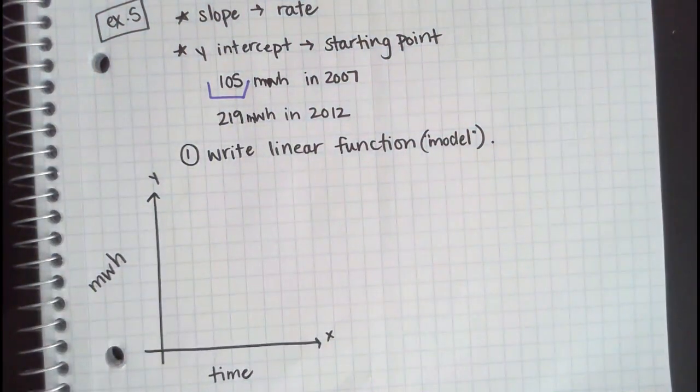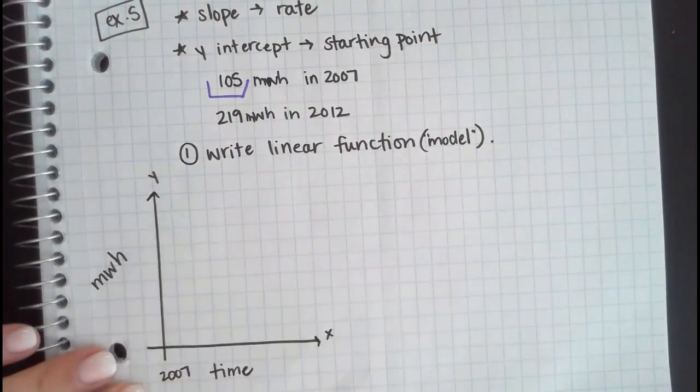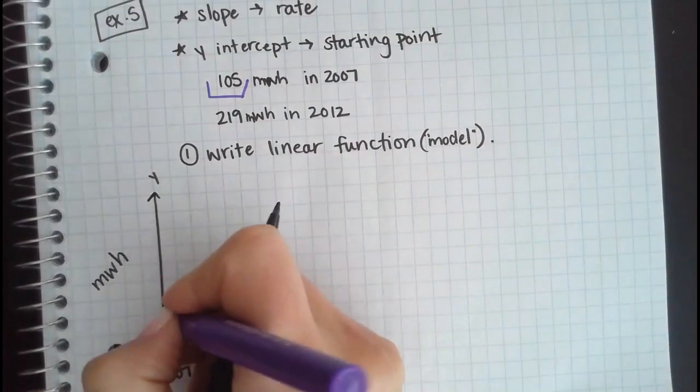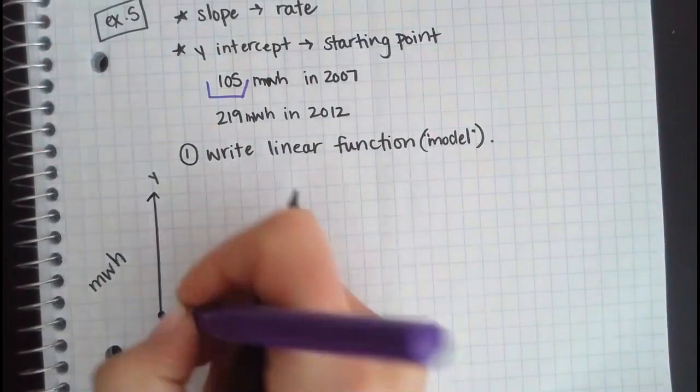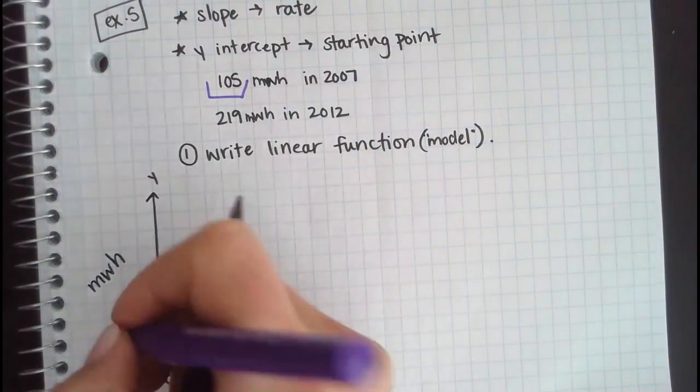So our starting point, time is starting in 2007, and we start with 105 megawatt hours, right?